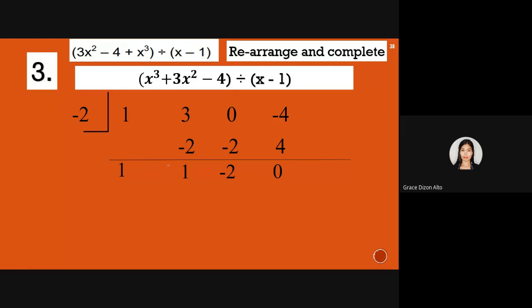Number 3, we also have to rearrange first and then we have to complete since our x is missing. So we will insert 0 here. So we have 1, 3, 0 for x, and -4.